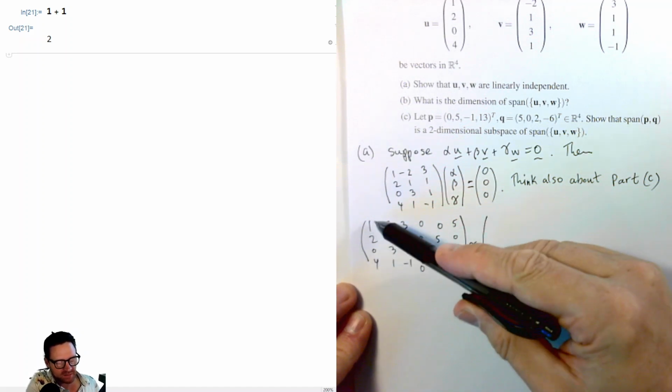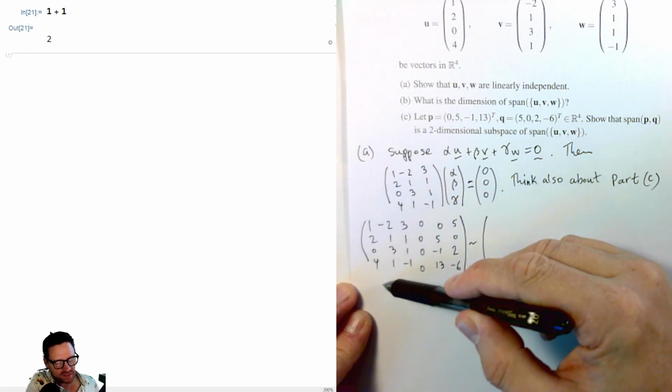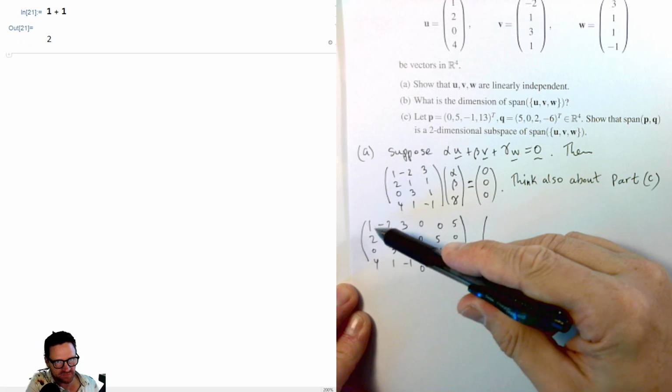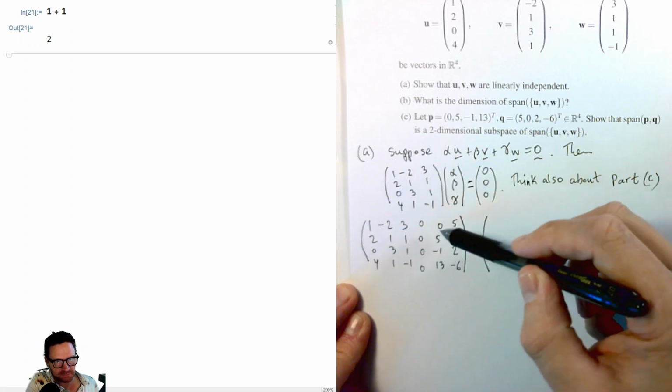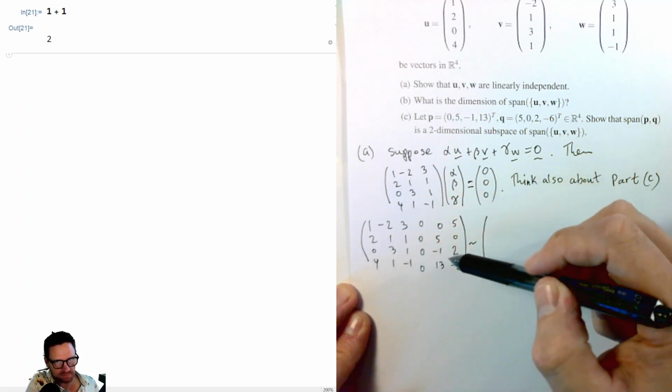Now I'm going to make everything in the first column divisible by 4 by multiplying by 4, by 2, not by anything, and by 1.